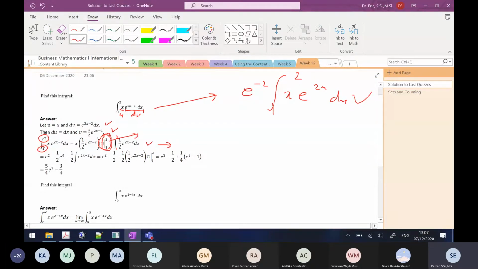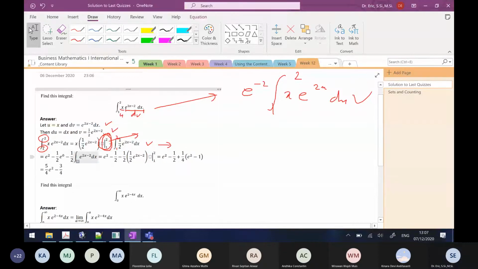Then I can just substitute this. I have e to the power of 2 minus a half e to the power of 0, minus the last integral, also from 1 to 2, of e to the power of 2x minus 2.